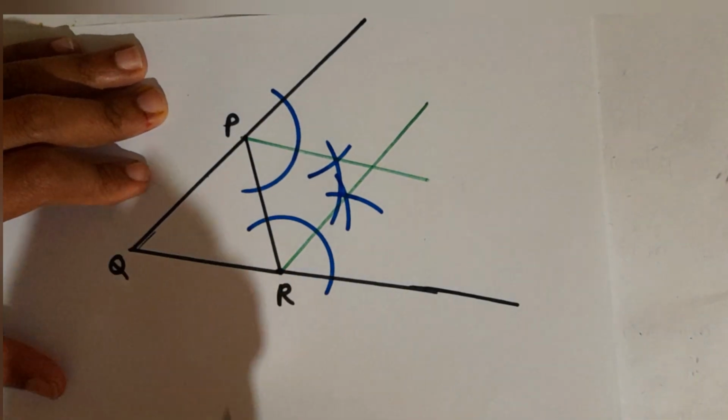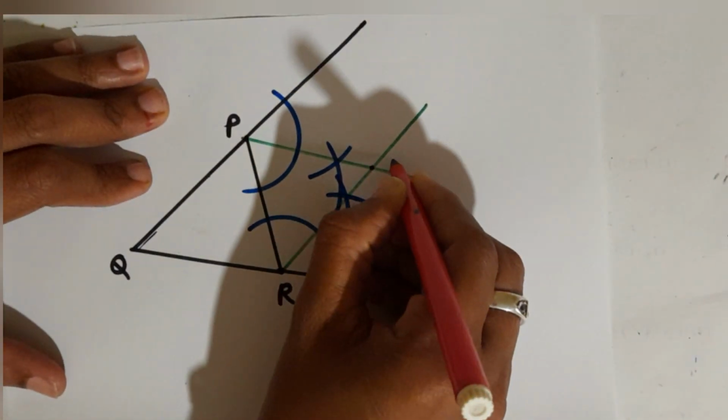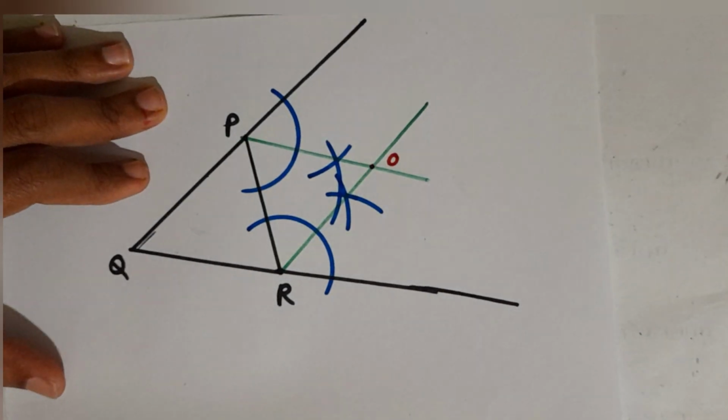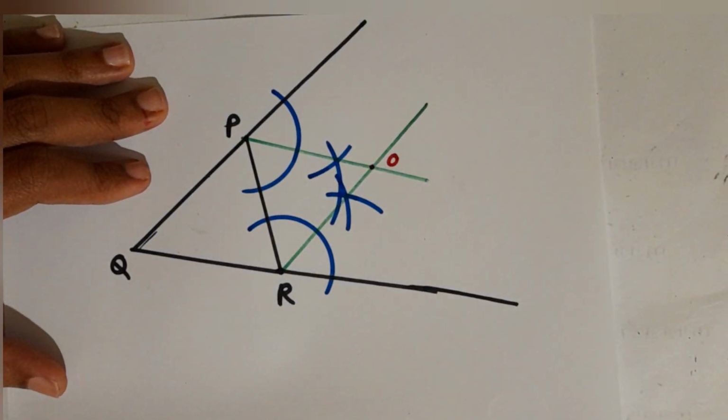I'll name the intersecting point of the two angle bisectors as O. So this is the center of the excircle.